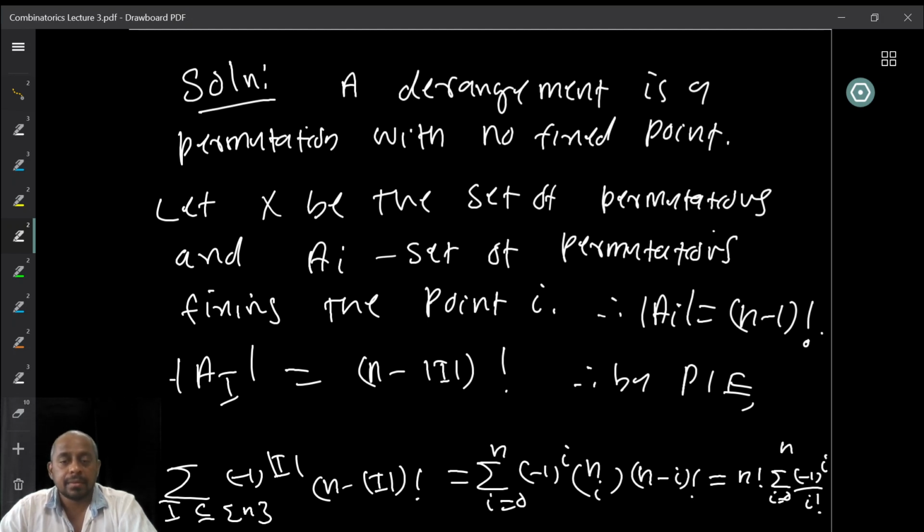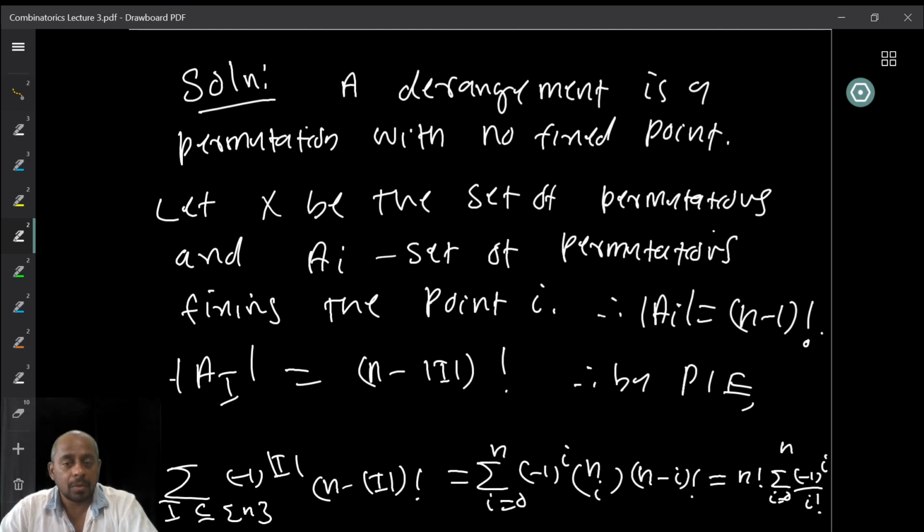But what is this? Well, summing in terms of the cardinalities of the index set, it is summation i equal to 0 to n of (minus 1) raised to i times n choose i, because there are n choose i possible ways to select an i element subset, times (n minus i) factorial. Now, n choose i has (n minus i) factorial appearing below, so I can cancel that out.